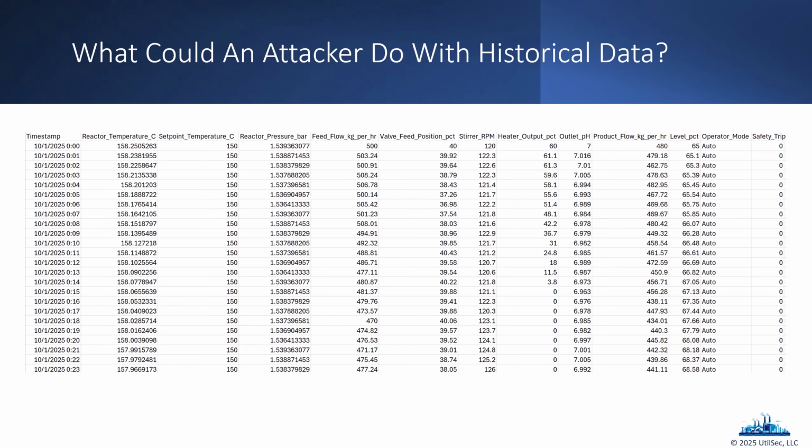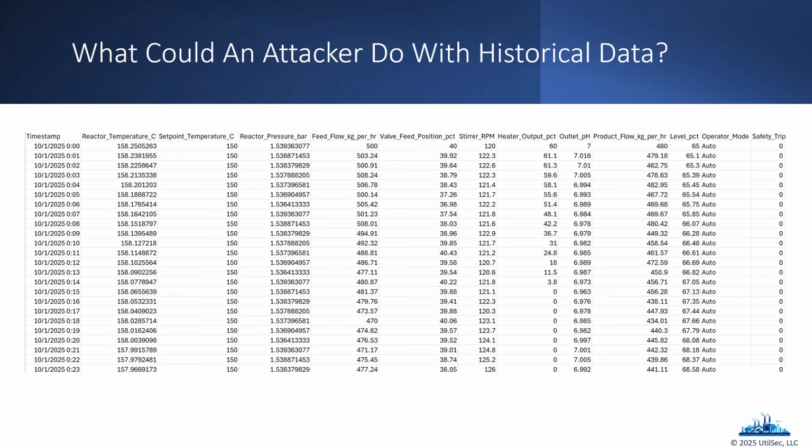This is a later example that builds off of this, because I'm also always looking at those last two columns, like operator mode and safety trip. I'll make sure we don't have any safety issues. And in this case, the controller, and the HMI, or the controller itself, is handling everything.